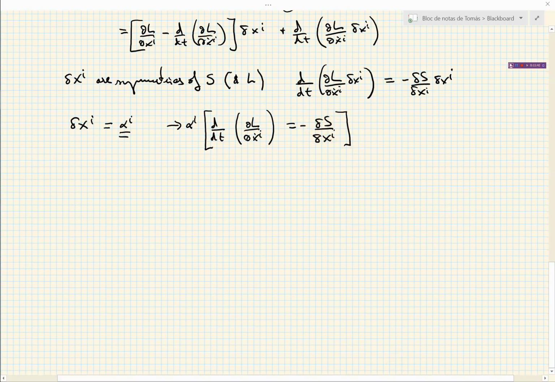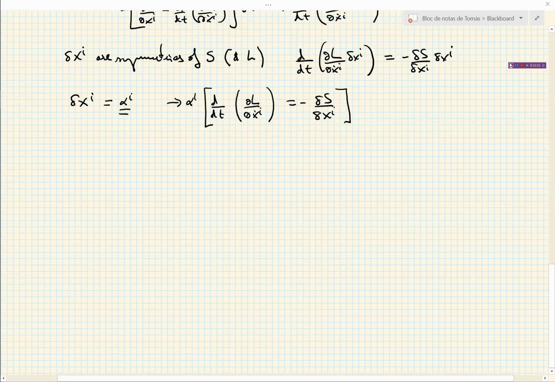Now this equation is true for any values of the alpha i's. This means that the coefficients of the alpha i's must be 0. So this equation has to be satisfied. I can, for instance, reach this result by saying that alpha 1 is 1 and the rest is 0. Then I get this equation for i equal to 1, and so on.